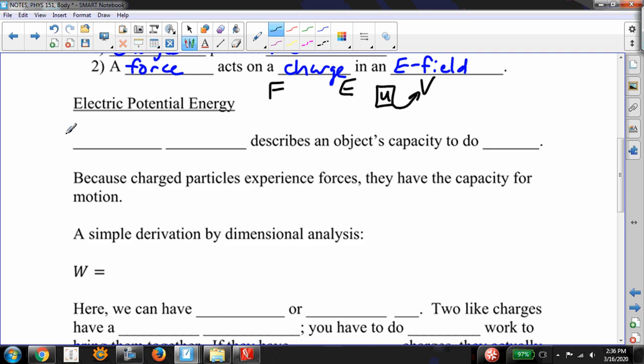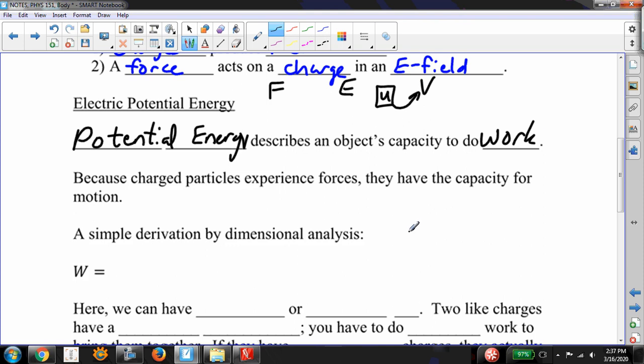So we know what potential energy is. Potential energy describes an object's capacity to do work. We've seen that before. If an object has the potential to do work, to have a force applied on it over a certain distance, then that object has potential energy. And because charged particles experience forces, they have the capacity for motion.